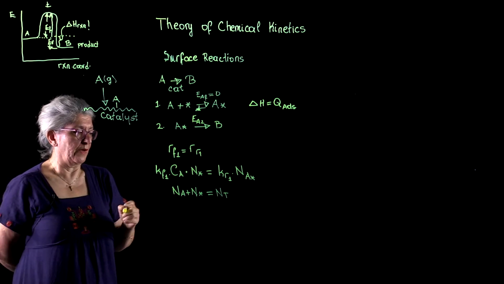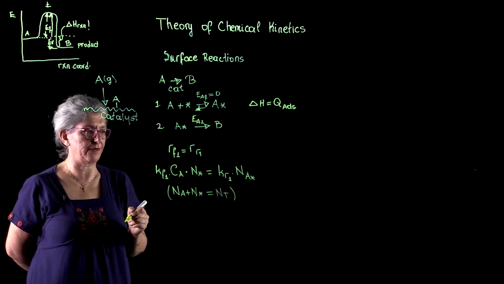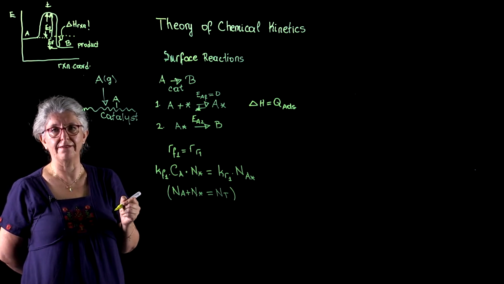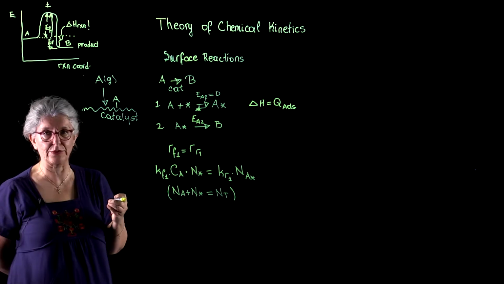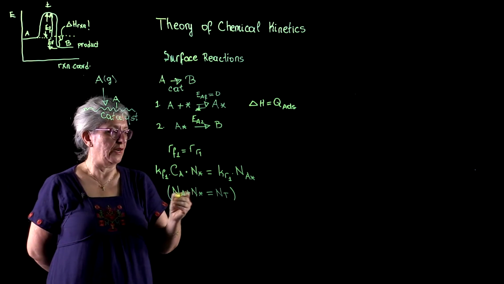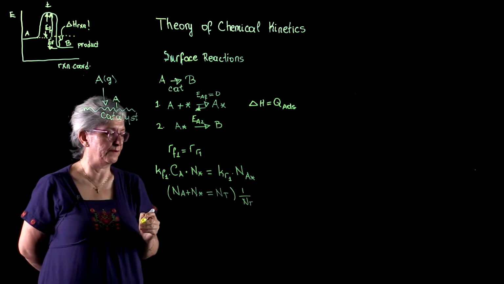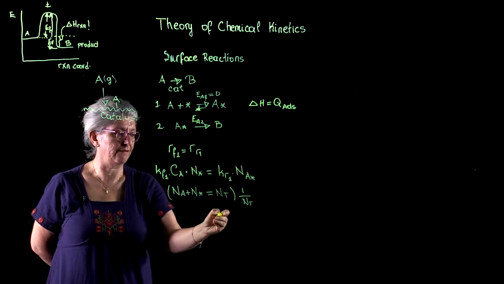So I'm going to do a little bit of algebra, and then I will derive what we refer to as the Langmuir adsorption isotherm. I will divide both sides of this by N total, so that I have 1 on this side.